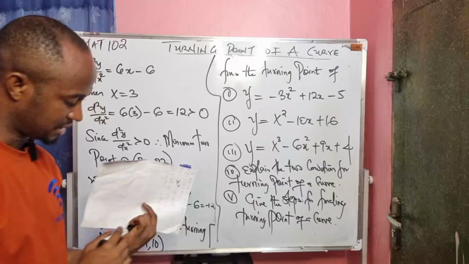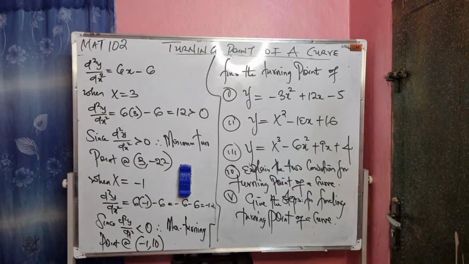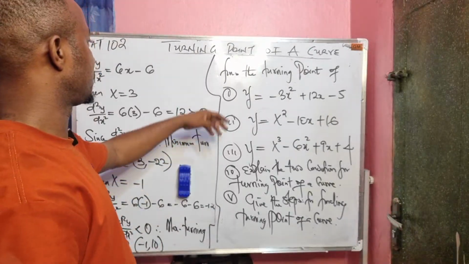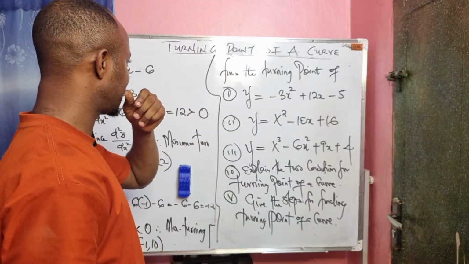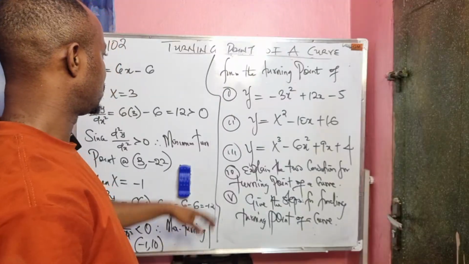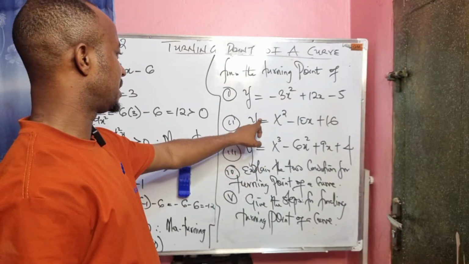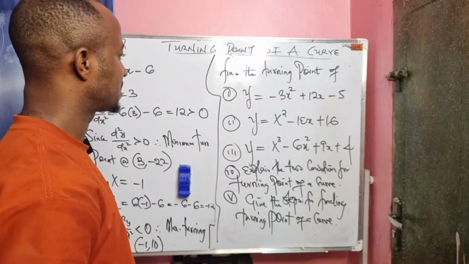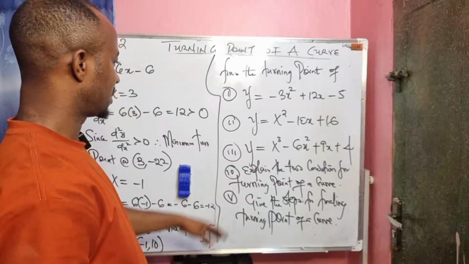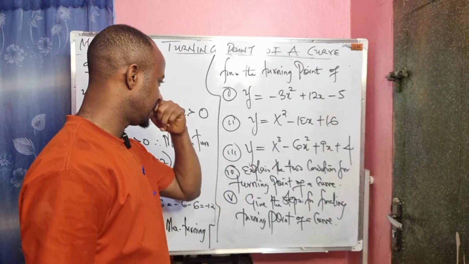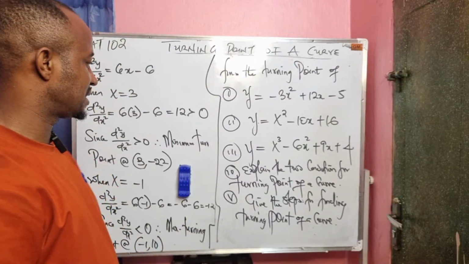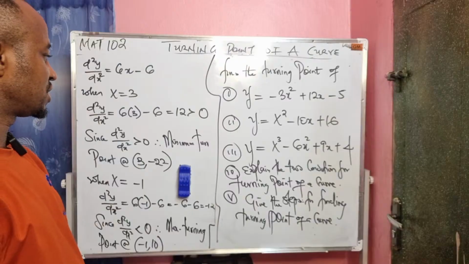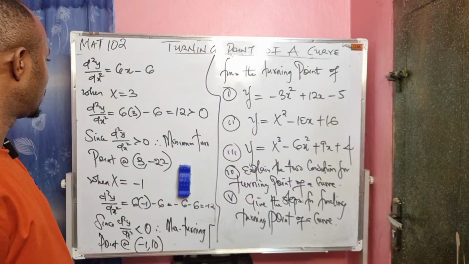So these are the assignments or the class exercise. You can just attempt: find the turning point of this curve, y equals minus 3x squared plus 12x minus 5. Number 2 is y equals x squared minus 10x plus 16. Number 3 is y equals x cubed minus 6x squared plus 9x plus 4. Then the fourth one says explain the two conditions for turning point of a curve.